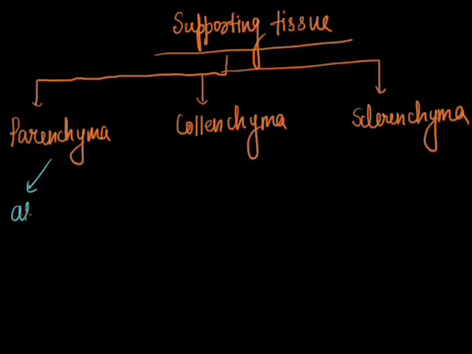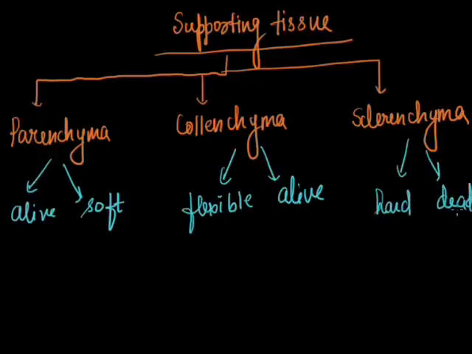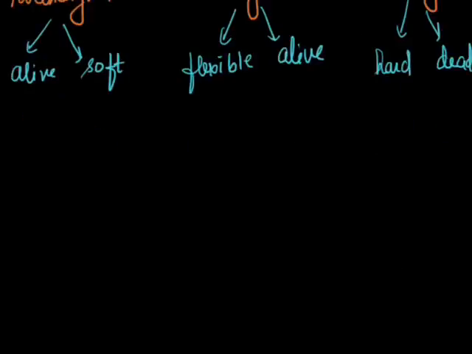This parenchyma is alive and soft. This collenchyma is flexible and again alive. But this sclerenchyma is very hard and dead. Now we will discuss one by one. The first one is parenchyma.